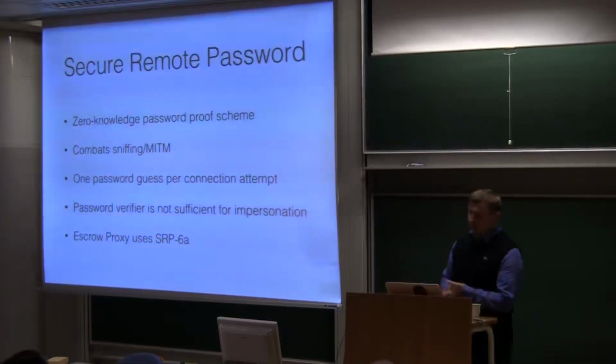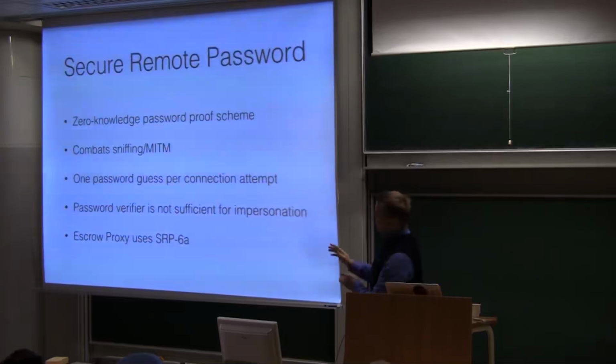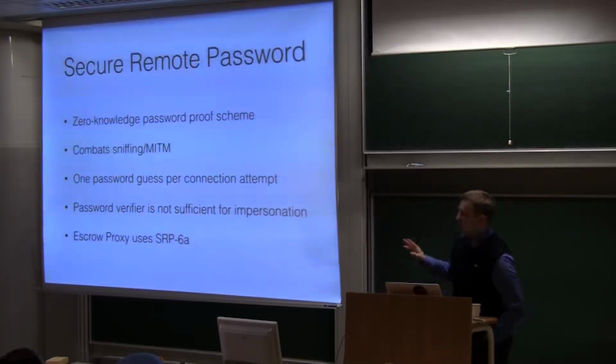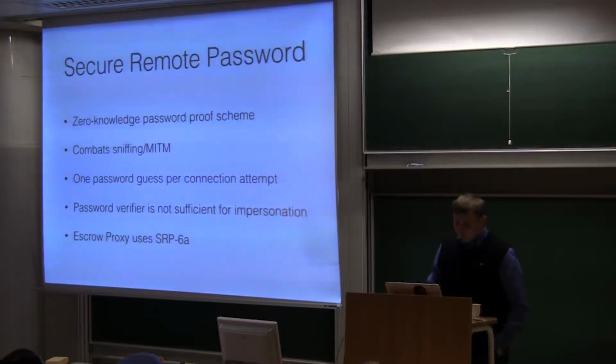If I'm not mistaken, one of the leaks from Blizzard, perhaps, they have been using this I think. So it's not new, but I would say that this is probably the most large-scale deployment of secure remote password in mass industries, because Blizzard was big, but Apple is probably bigger.